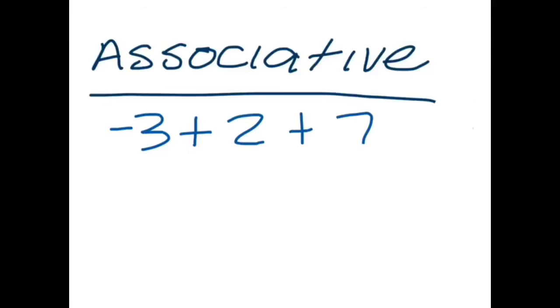Got it? The associative property. This one's a fun one. Sometimes an illustration is better than an explanation. I'm going to write -3 plus 2 plus 7, and then I'm going to write -3 plus 2 plus 7 again.